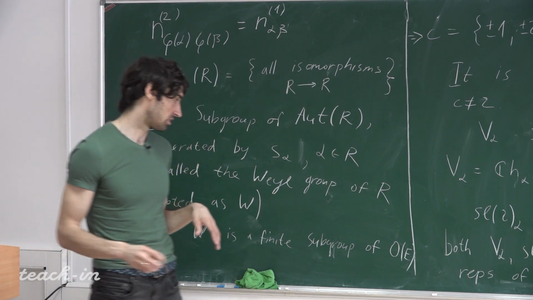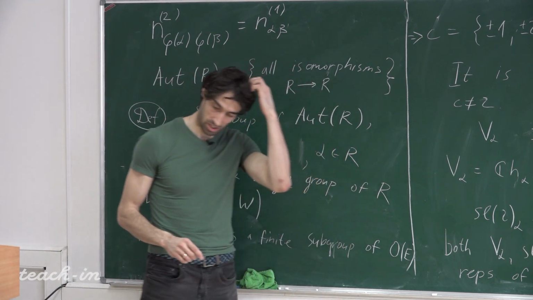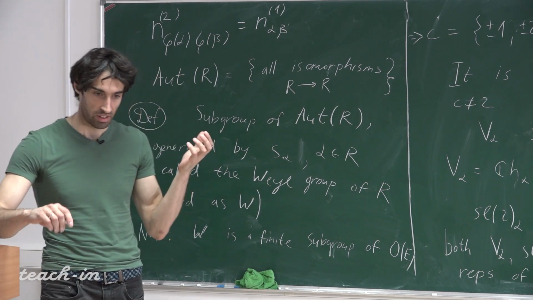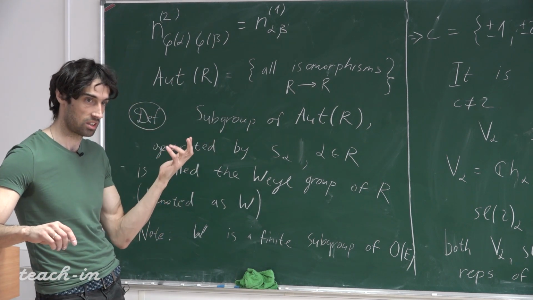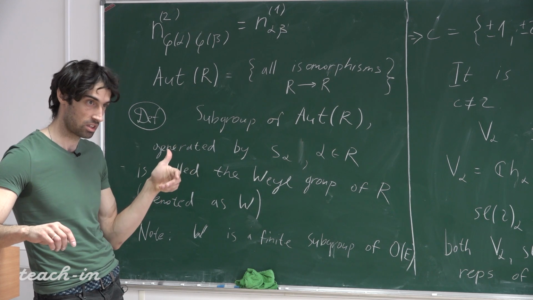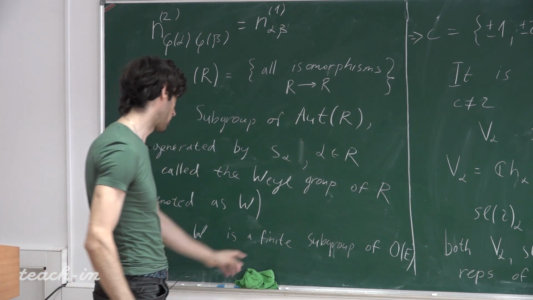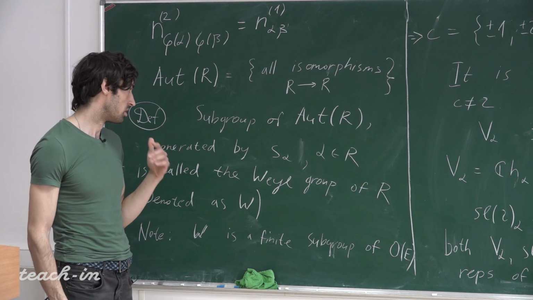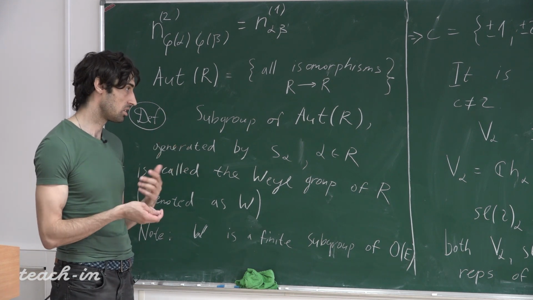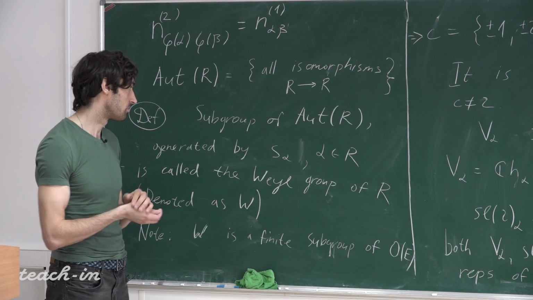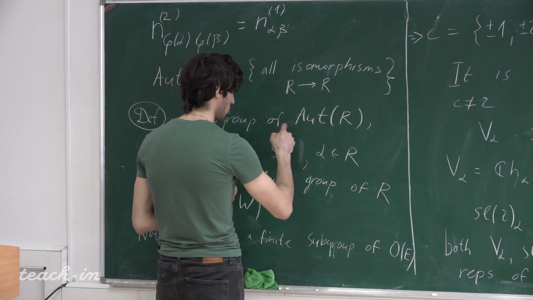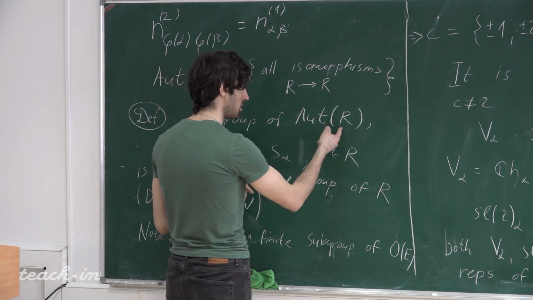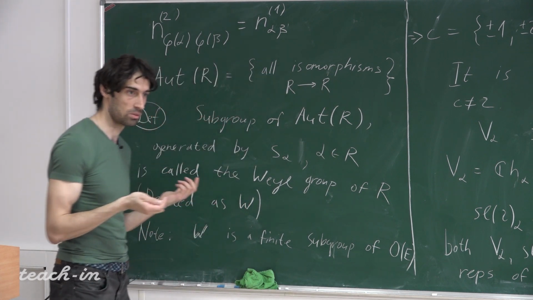Because reflections leave angles and distances the same, right? And finite because it's a group permuting elements of a finite subset. So that's why it's finite.